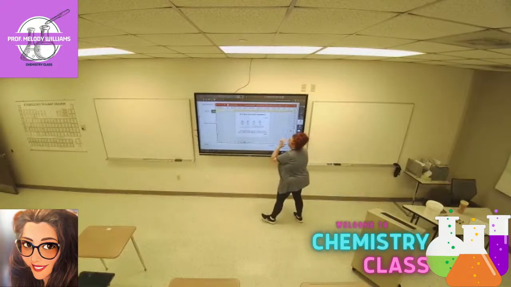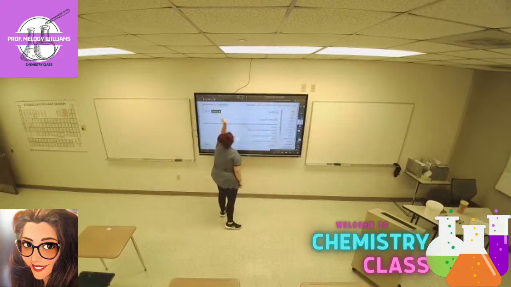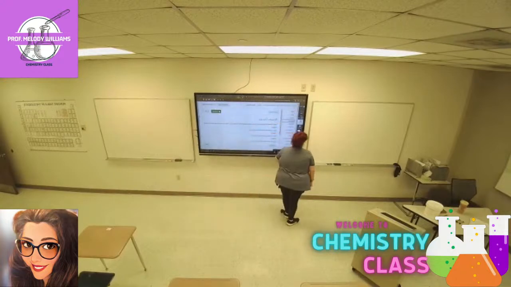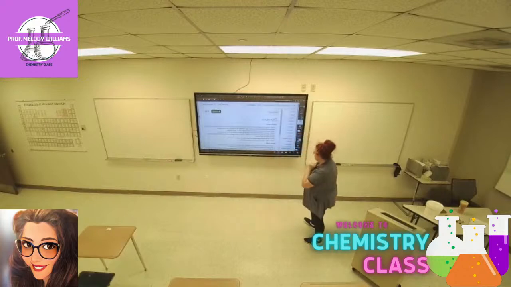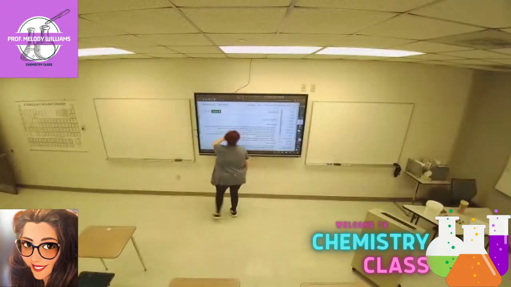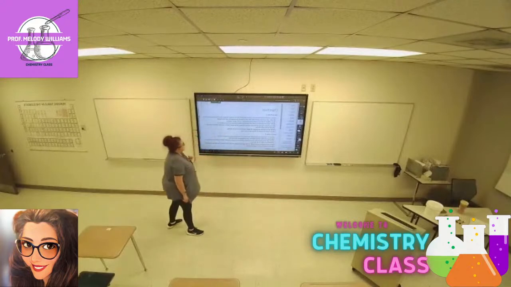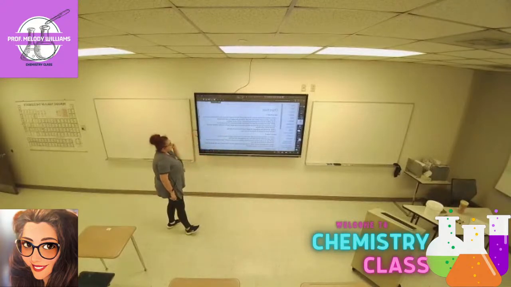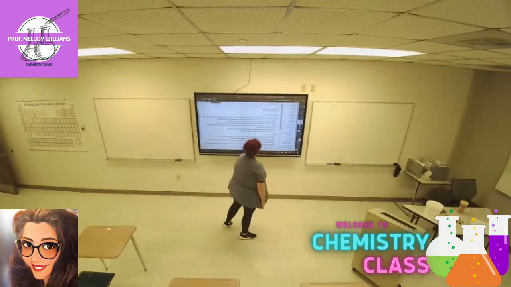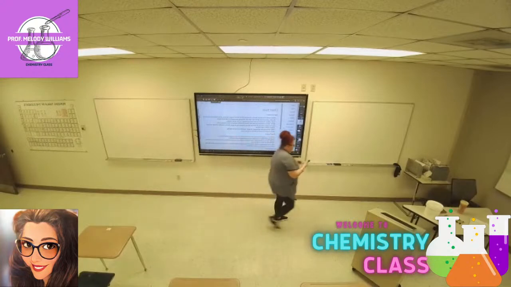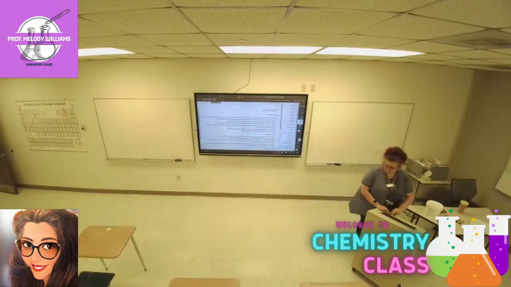All right, so let's see where we're at with our objectives. We talked about Lewis structures last time and how to draw those out with bonds. Now I want to talk about periodic trends, electronegativity, and some resonance stabilized structures. So we're going to hit some of that today.